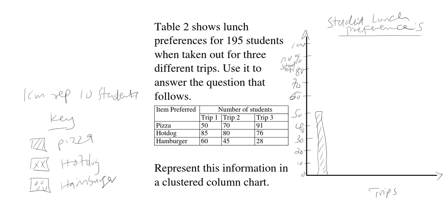Remember, we are in trip 1, so we draw 85, and we shade this with our X. Then under trip 1, the third column will represent value 60, so you draw where we have 60.